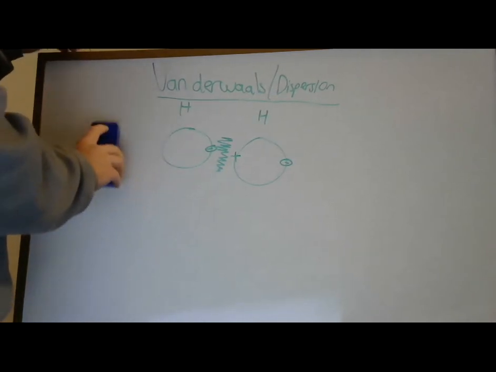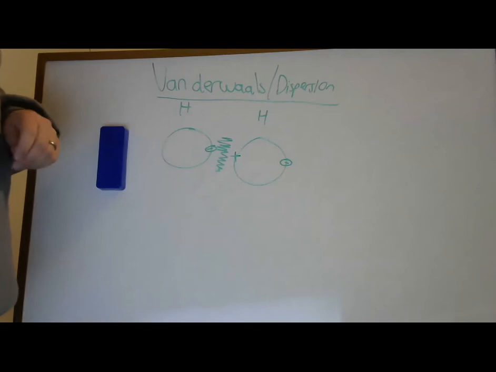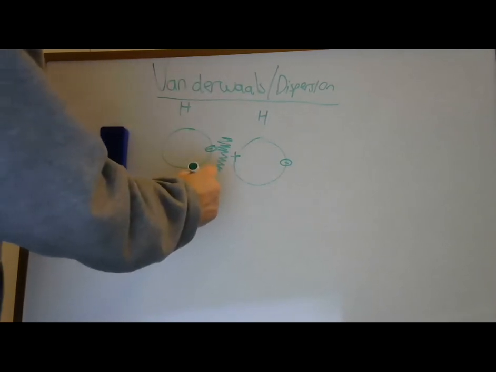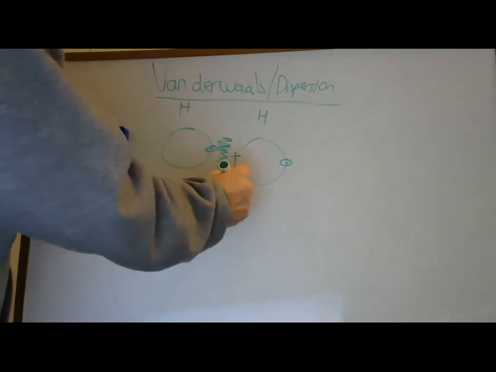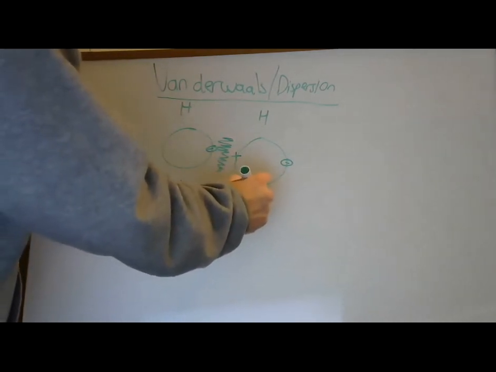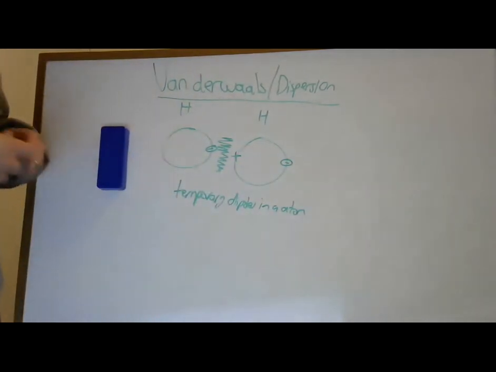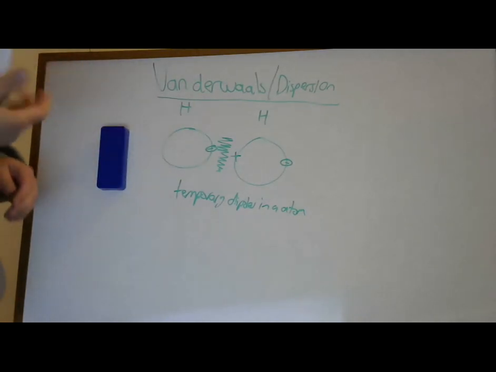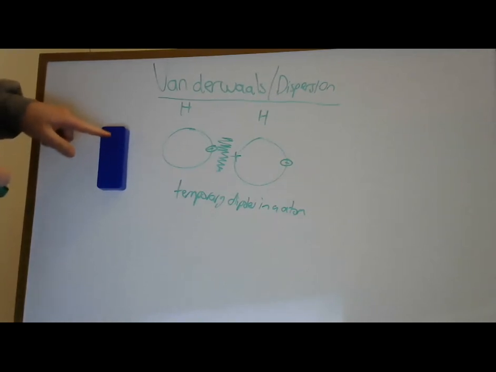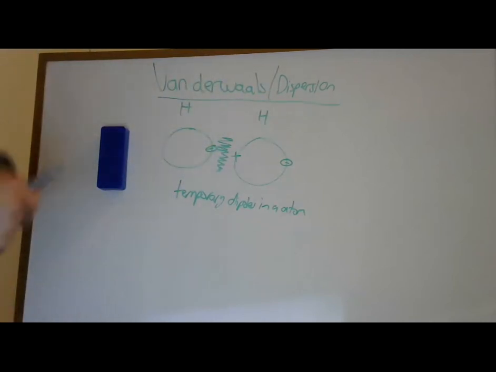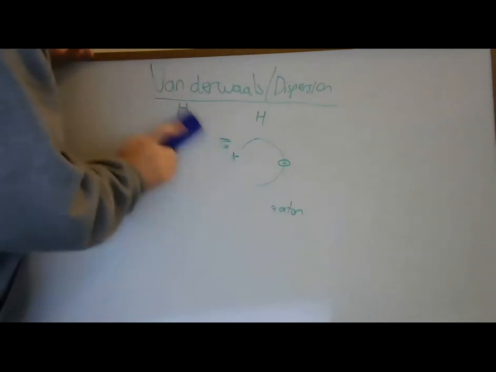So, weakest between the temporary dipoles of an atom. Positive, negative. Eventually the electron comes back around and the bond's broken. It's really quite fleeting and not very strong at all.